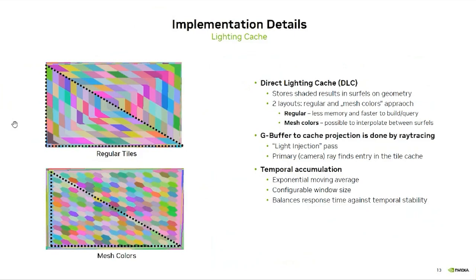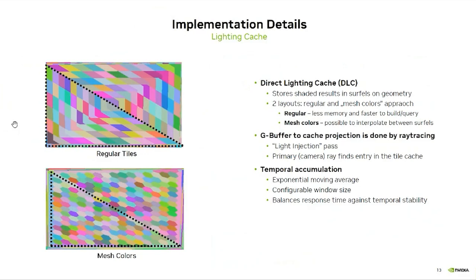We call this the light injection pass. And in order to make it more temporally stable, we apply some temporal accumulation. So we have this exponential moving average, which the user has to fine tune to get acceptable temporal stability and not too much of a temporal lag.